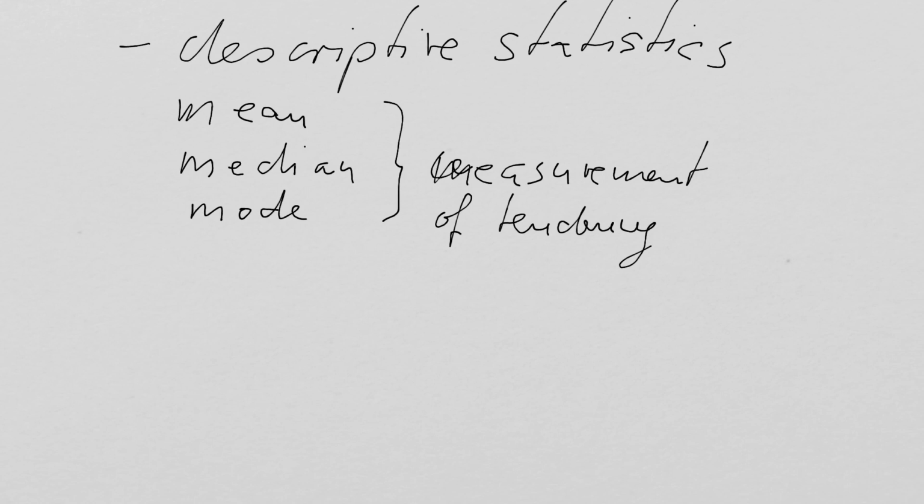And I used one of these measurements already when I said, the average for the assessed practical is 82%. That is the mean. It doesn't mean that everybody will get 82%, but that's a measurement of tendency.